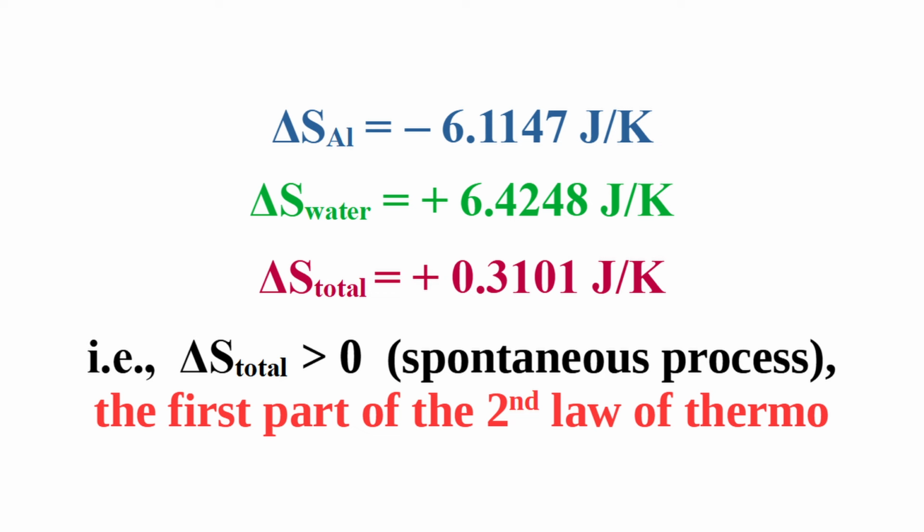In this manner, Clausius was able to express the mathematical statement of the first part of the second law as delta S total is greater than 0 for any spontaneous process, such as the spontaneous heat flow between aluminum and water.